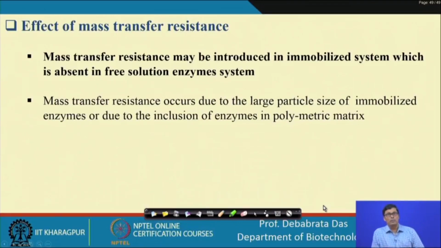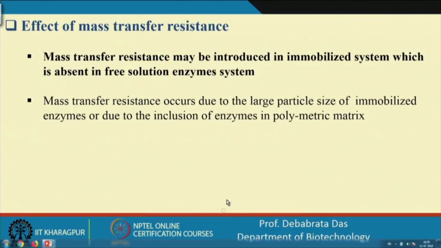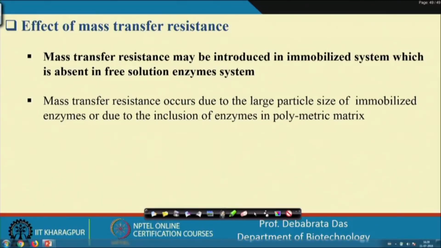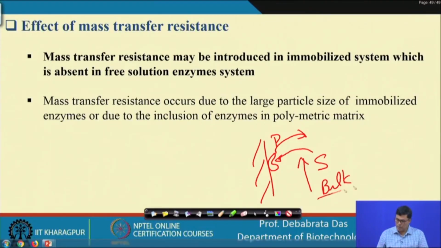Now the major problem that we face with this immobilized enzyme is the mass transfer, because this is the solid matrix. Suppose this is the solid matrix, and your enzymes are here and substrate is here. So substrate has to diffuse to the surface of the enzyme, and only then the product formation will take place, and product has to diffuse to the bulk. Am I right? So that diffusion is a major problem as far as immobilized enzyme is concerned.